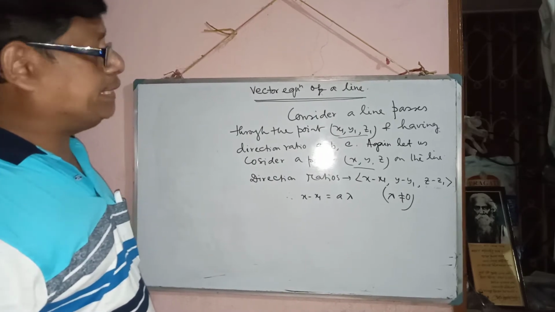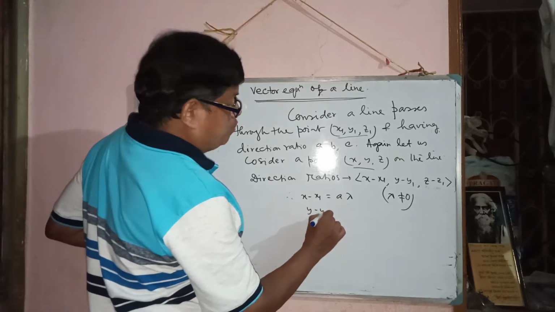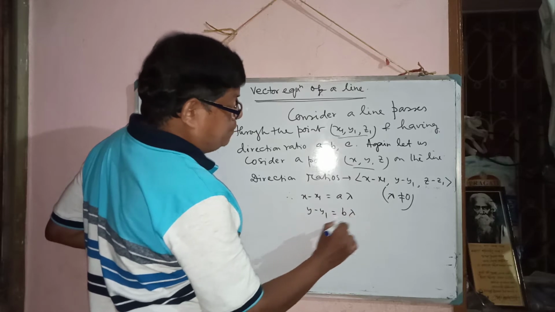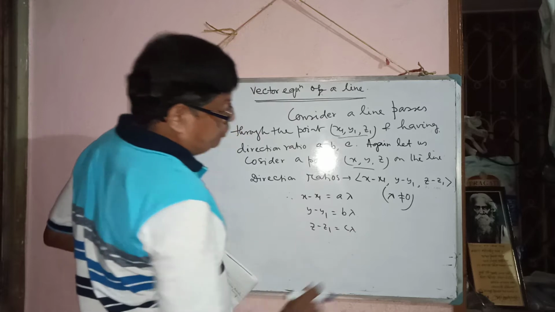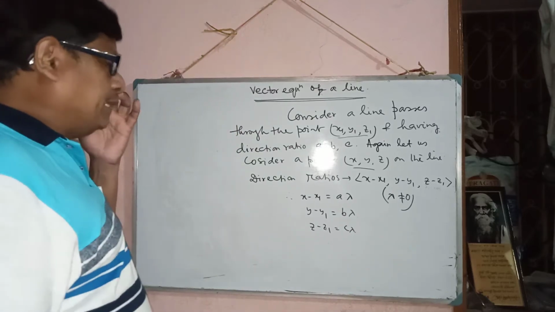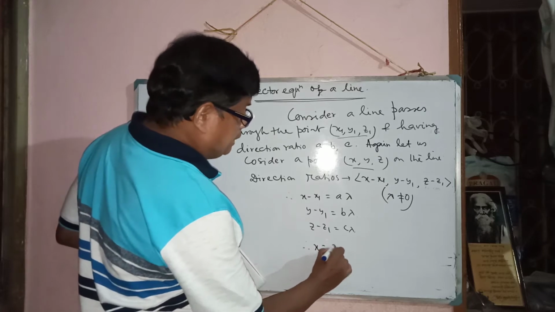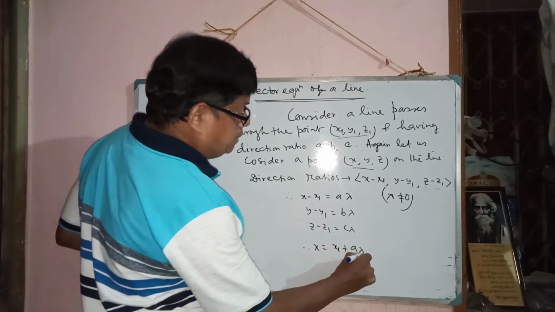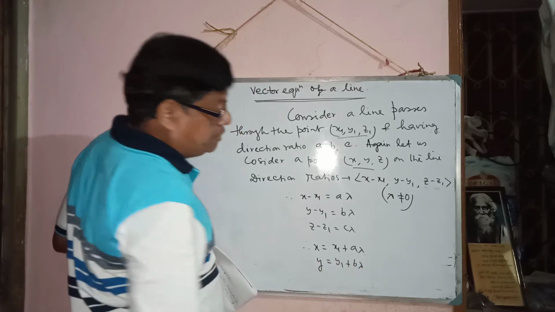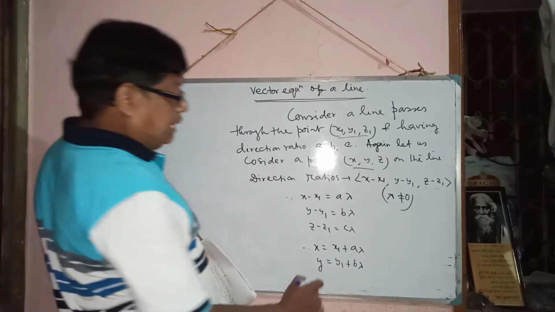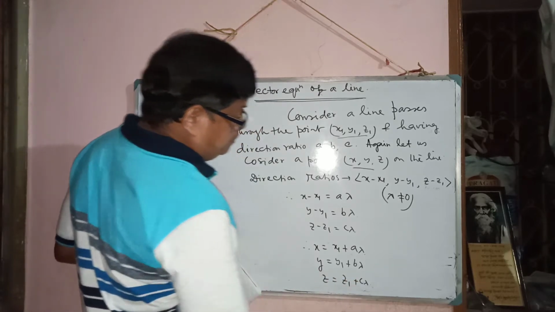Similarly, y minus y1 equal to B lambda and z minus z1 equal to C lambda. From here, x equal to x1 plus A lambda, y equal to y1 plus B lambda, and z equal to z1 plus C lambda.